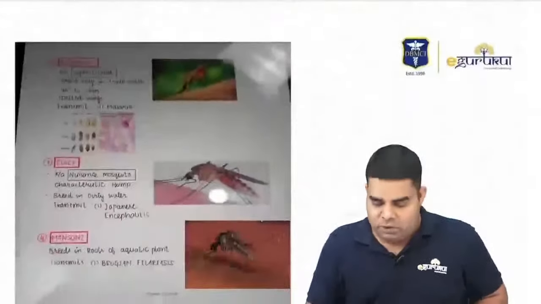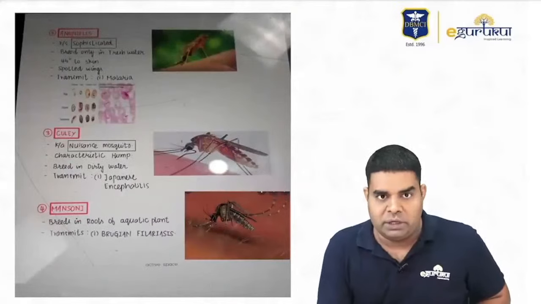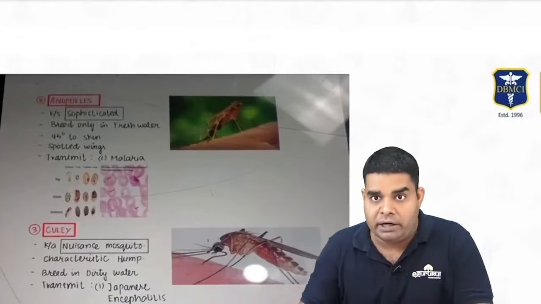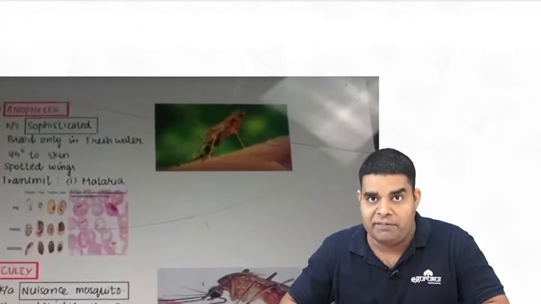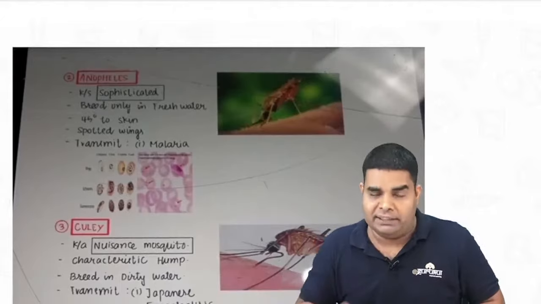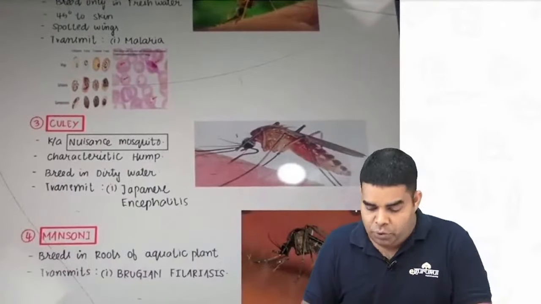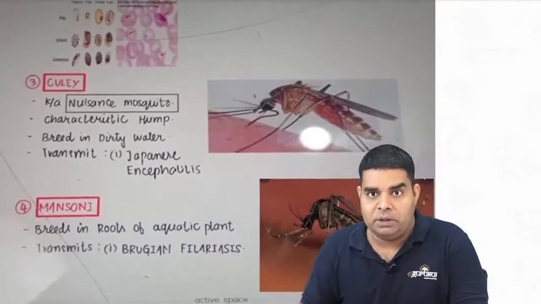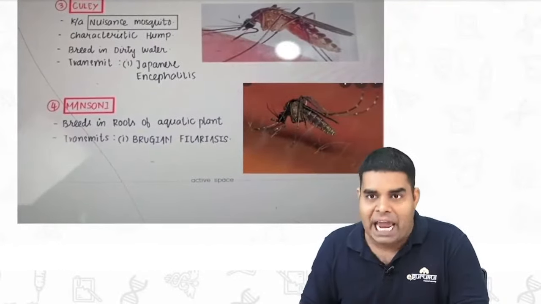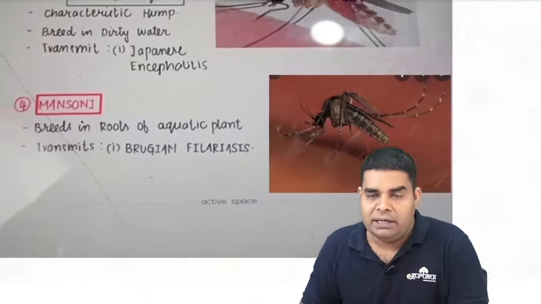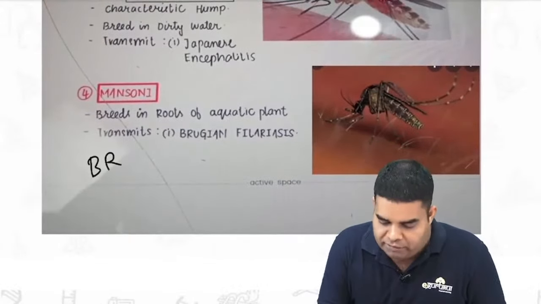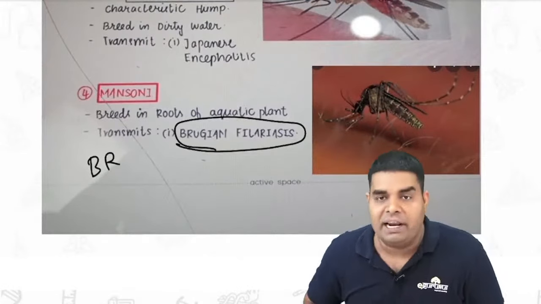Okay. So let's look at the notes. You can see in the notes we have discussed that Anopheles breeds in clean water and sits at 45 degrees. Remember, Anopheles has a spotted wing. Now this is Culex, which is also given in the exam. And then this third, black type of mosquito can be Mansoni, but Mansoni causes only one disease, Brugian filariasis.